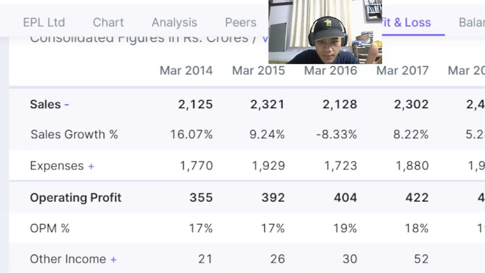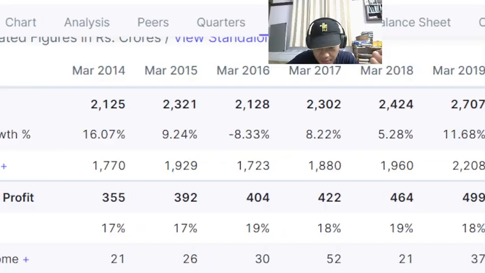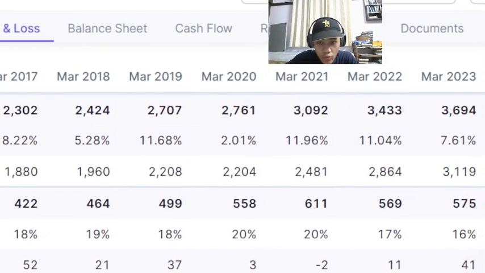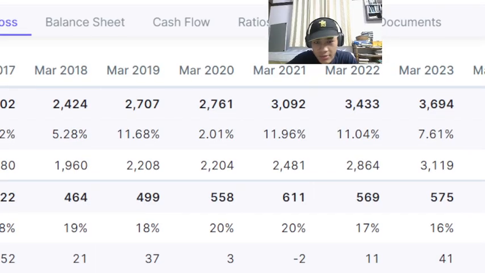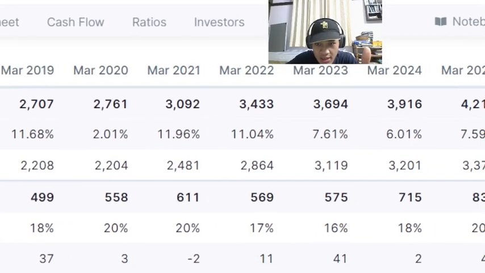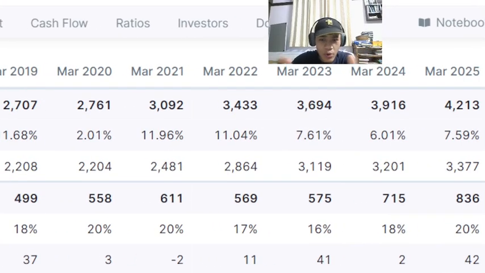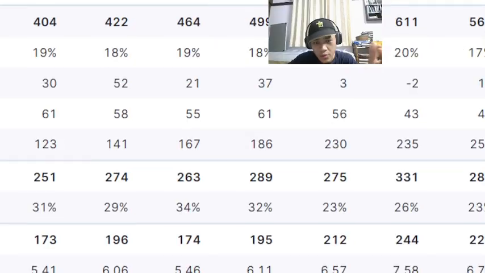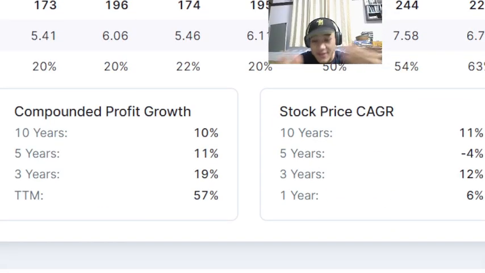And we can see here 16% sales growth, minus 8%, 5%, 11%. Okay, 2% COVID, that's all right. 11%, two times double digit growths back to back, 2021, 2022, and a bit of a slowdown, 7.5%, 7.6%. So revenue wise, it is not a fast grower. That's obvious.